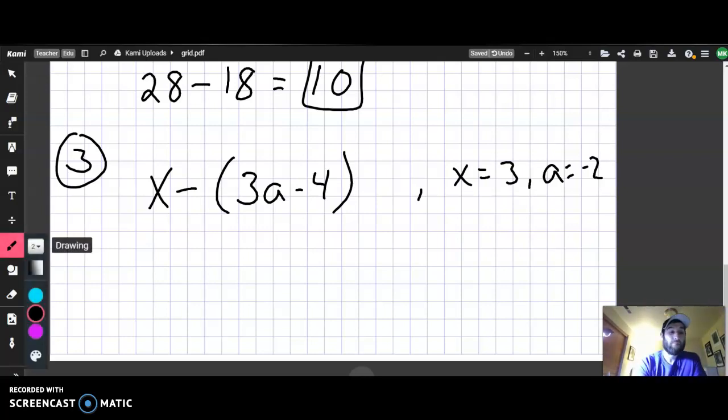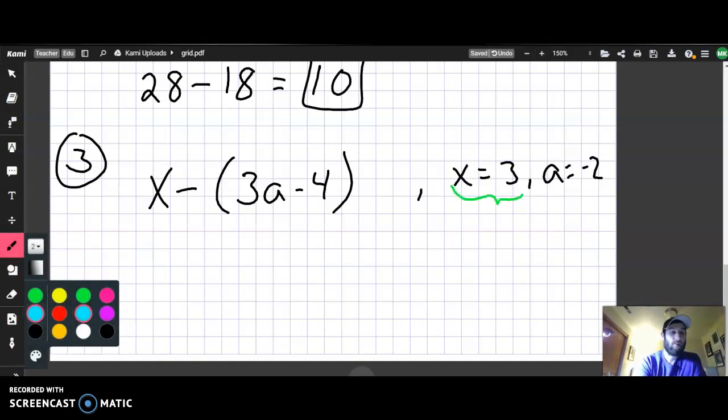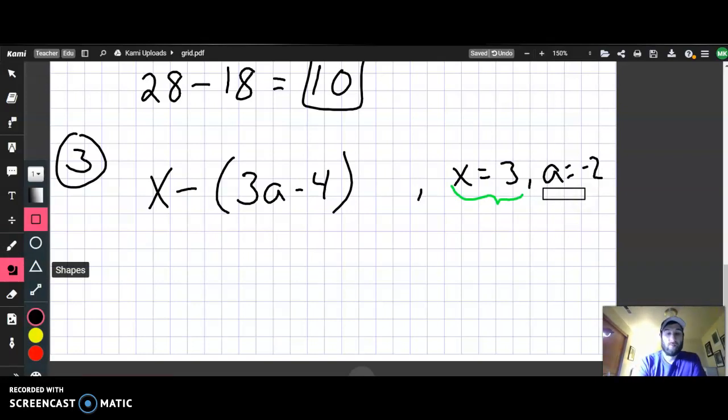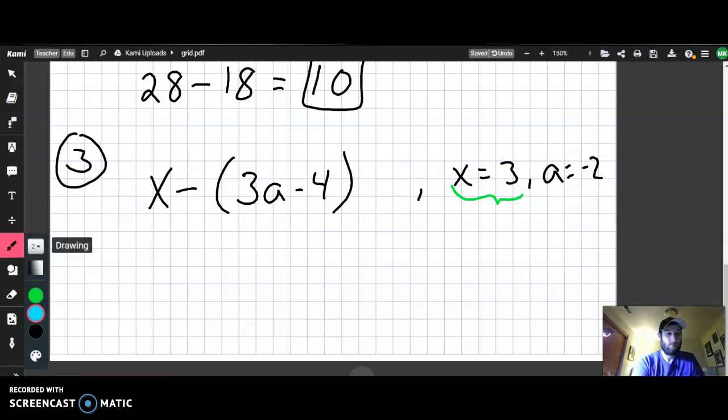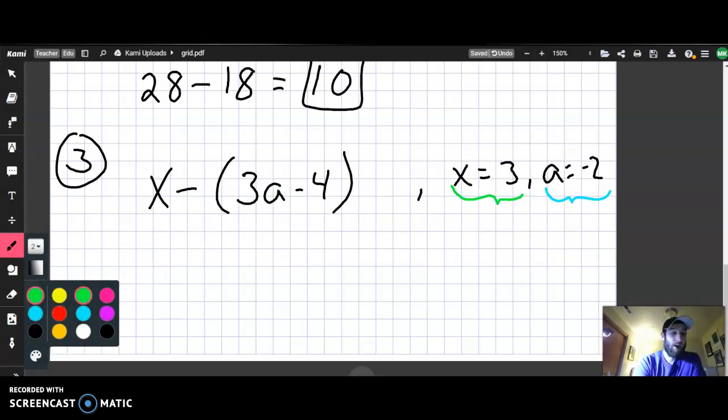And so, let's go ahead and make our substitutions. Our value of x is 3. Our value of a is -2, so I can write those in. We have the 3 minus the 3 times -2.